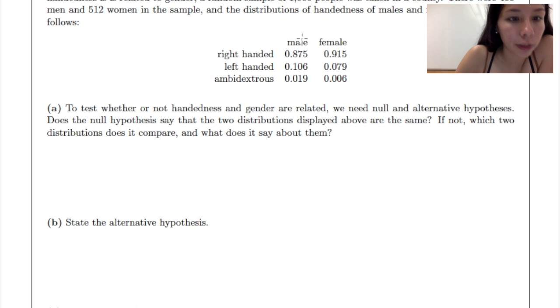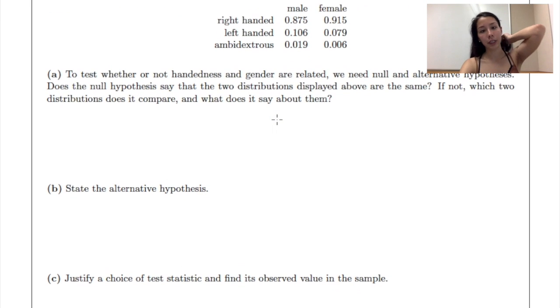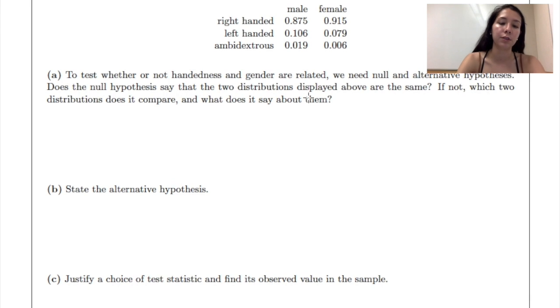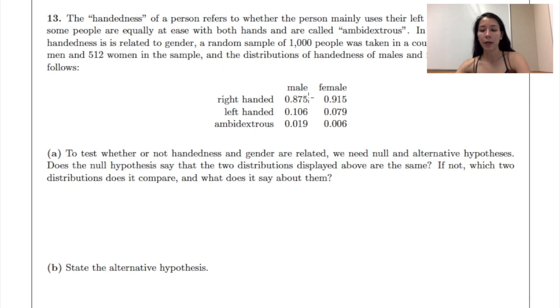Part A, to test whether or not handedness and gender are related, we write null and alternative hypotheses. Does the null hypothesis say that the two distributions above are the same? If not, which two distributions does it compare, and what does it say about them? In this case, the null hypothesis is not going to be saying that they're the same.